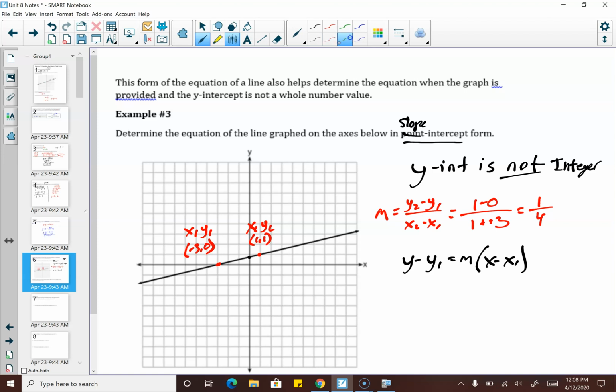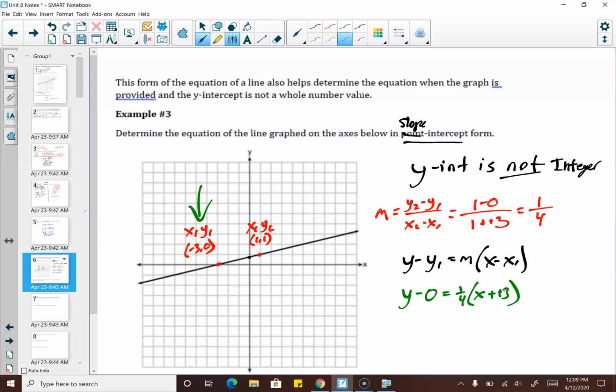Now I'm going to choose this one because I want to show you what it's like to have a 0 in there. So we have y minus 0 equals, we just found our slope to be 1/4, parentheses x minus -3.